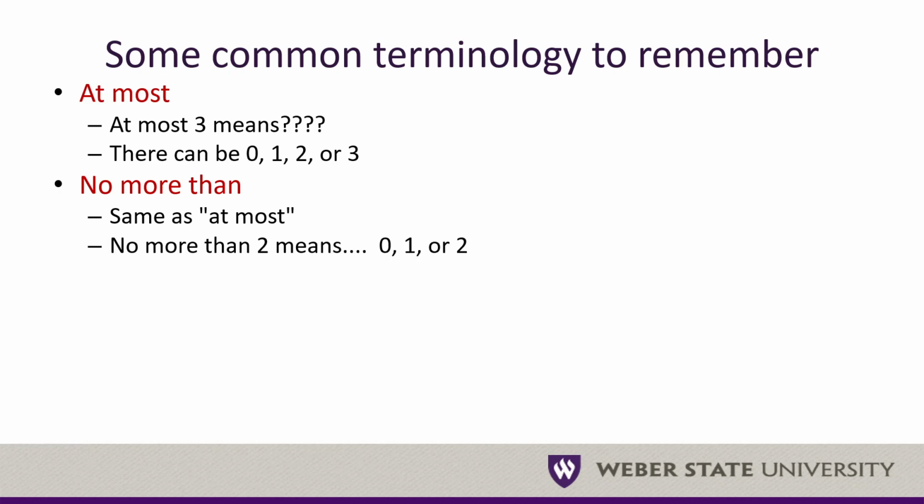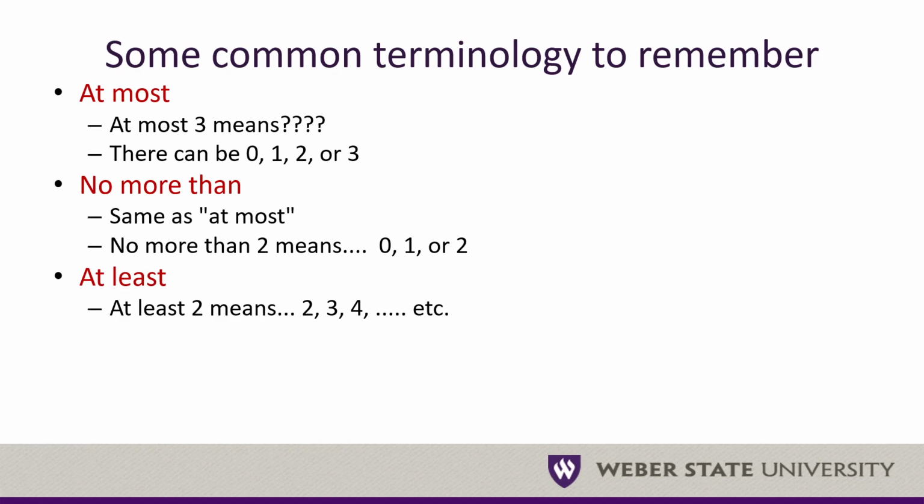So no more than 2 would mean 0, 1, or 2. Not 3, because 3 is more than 2. It's just like saying at most. The other one that we would probably have would be at least. So at least means, well, if I have at least 2, it's going to depend on how large my set is. So I have 32 results for one of those. So at most 2 then becomes a larger number that we can have to worry about.